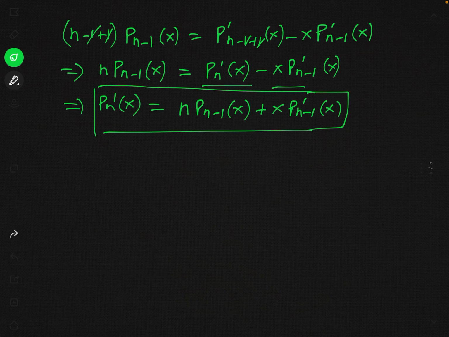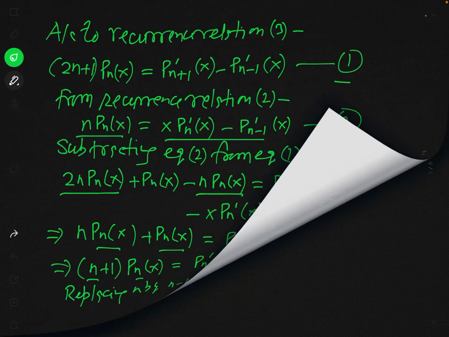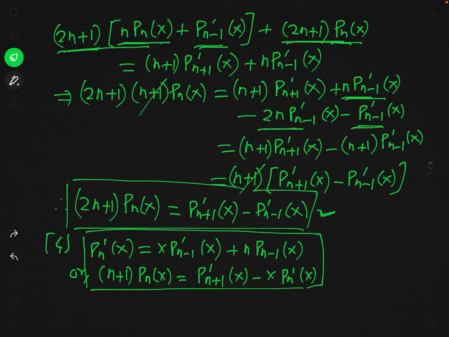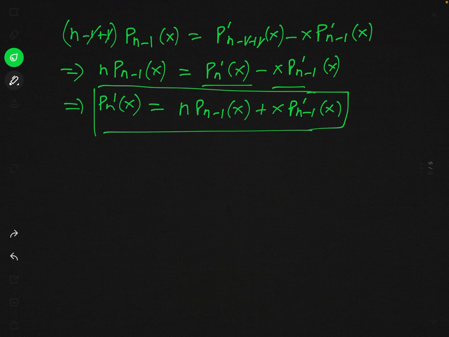So this is your fourth recurrence formula. Now, as I have mentioned, in this fourth recurrence relation there is another form, which is n plus 1 Pn of x equal to P prime n plus 1 of x minus this much. So to get this result, the multiple of this Pn of x should be equal to n plus 1.